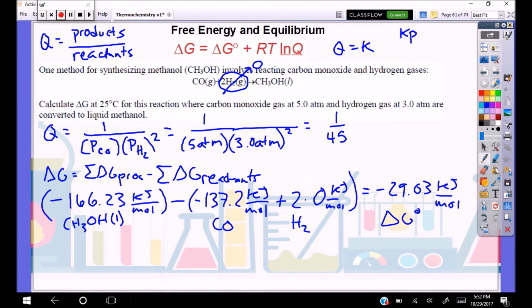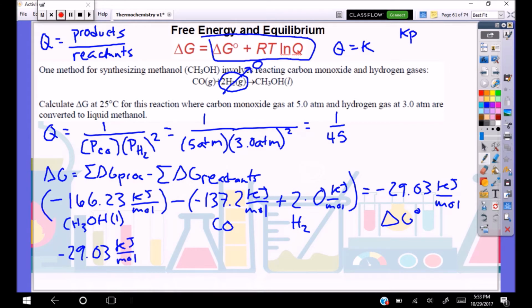Given that it's delta G naught at the standard state, we can figure out what delta G is using this part of my equation, delta G naught plus RT natural log of Q. So we got negative 29.03 kilojoules per mole.